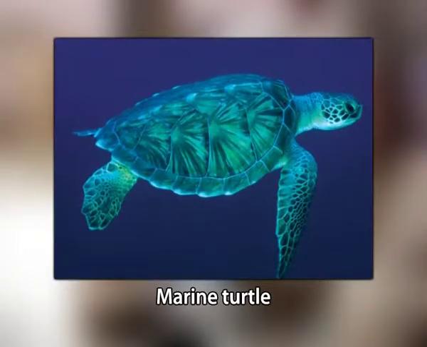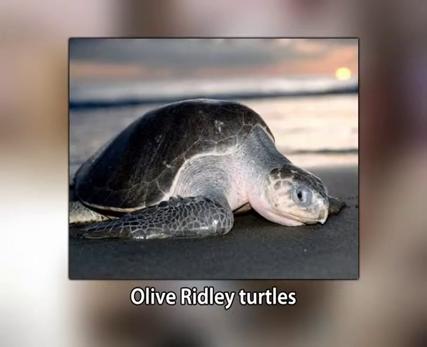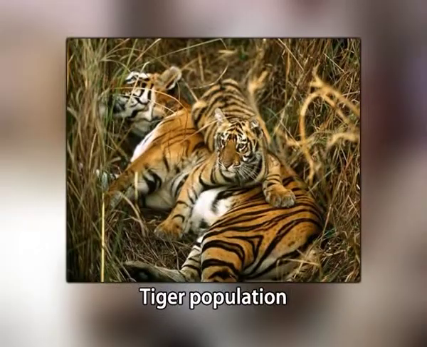There are 26 species of freshwater turtles and tortoise in India and 5 species of marine turtles which inhabit and feed in coastal waters and lay their eggs on suitable beaches. Over 2 lakh olive ridley turtles come to Orissa to nest in the space of 3 or 4 nights. The highest tiger population is found in the Sundarbans along the east coast adjoining the Bay of Bengal.